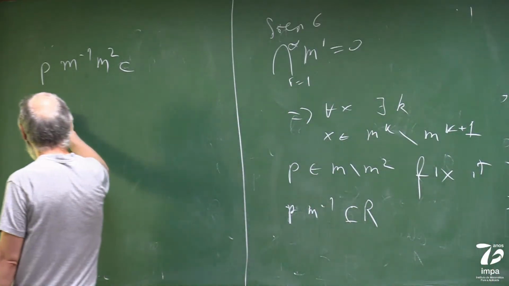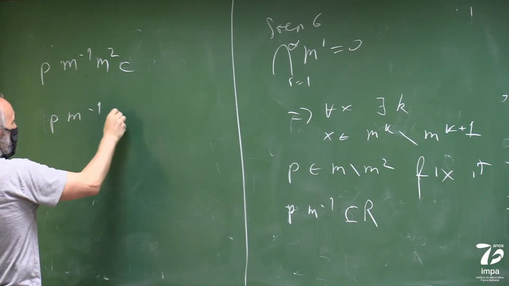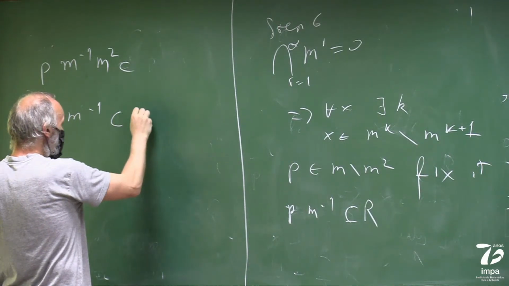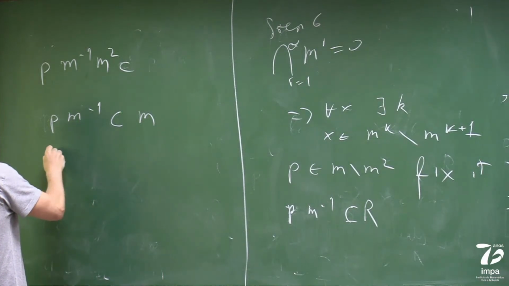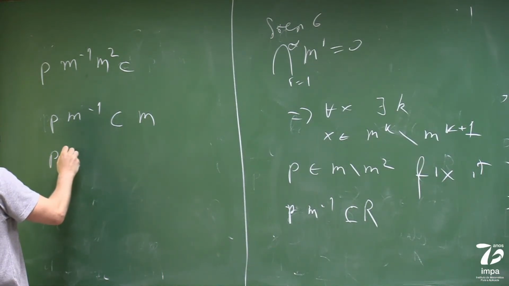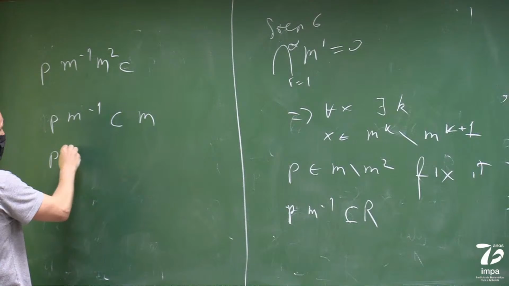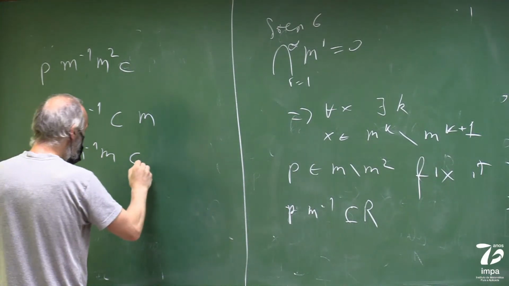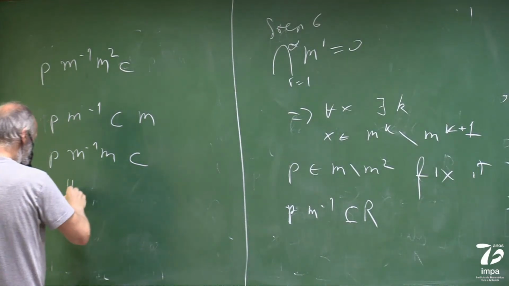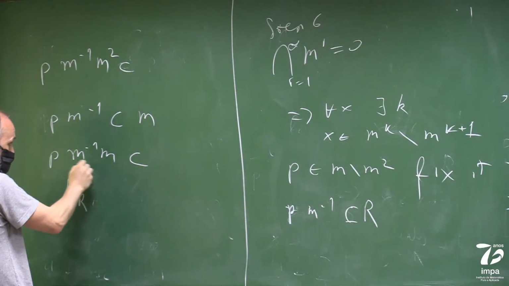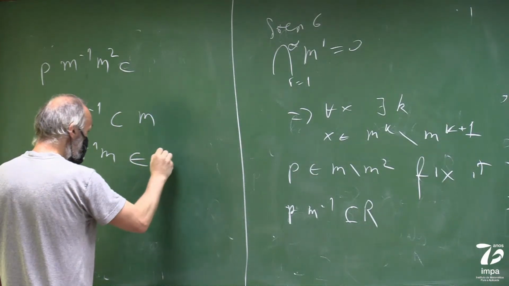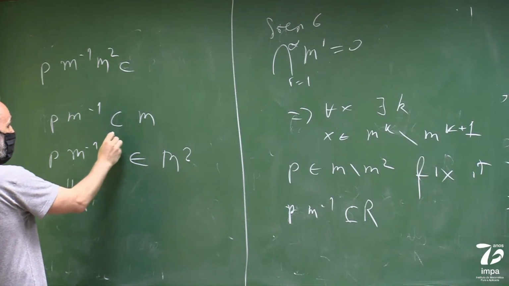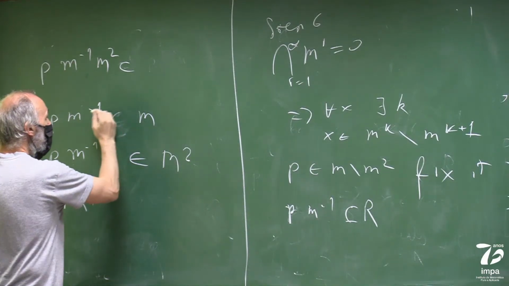This means that p m^(-1) doesn't belong to m, because p m^(-1) m, which is equal to p R, because m^(-1) m is R, doesn't belong to m squared. So p m^(-1) doesn't belong to m.